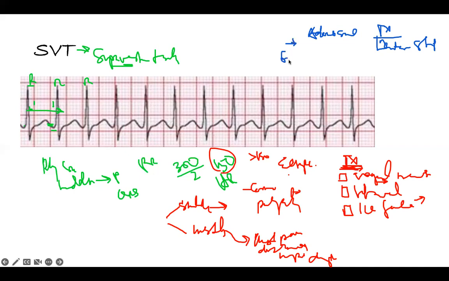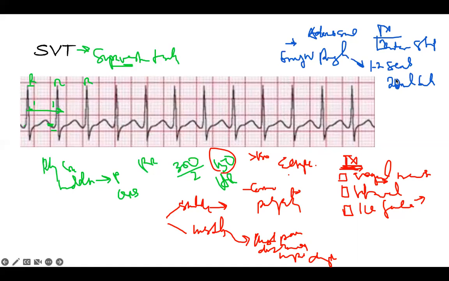The administration of the medication is very important. The first dose is 6 milligrams IV push. They can ask you, what does it mean to do IV push? IV push means you run it over 1 to 2 seconds. It's fast. You slam it in and follow with a 20 cc saline flush.